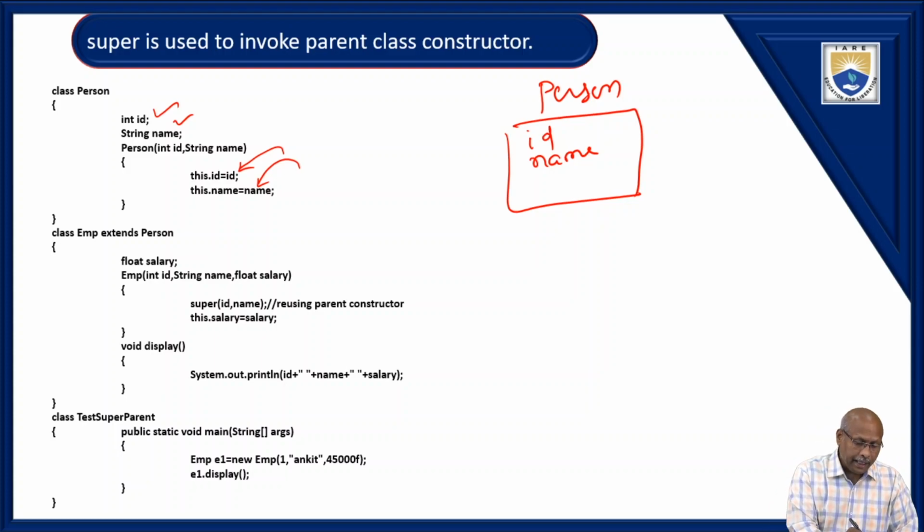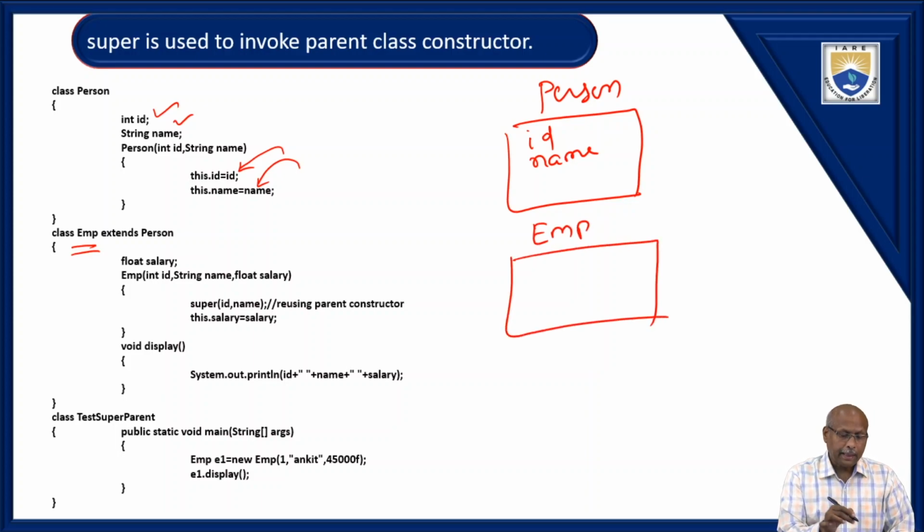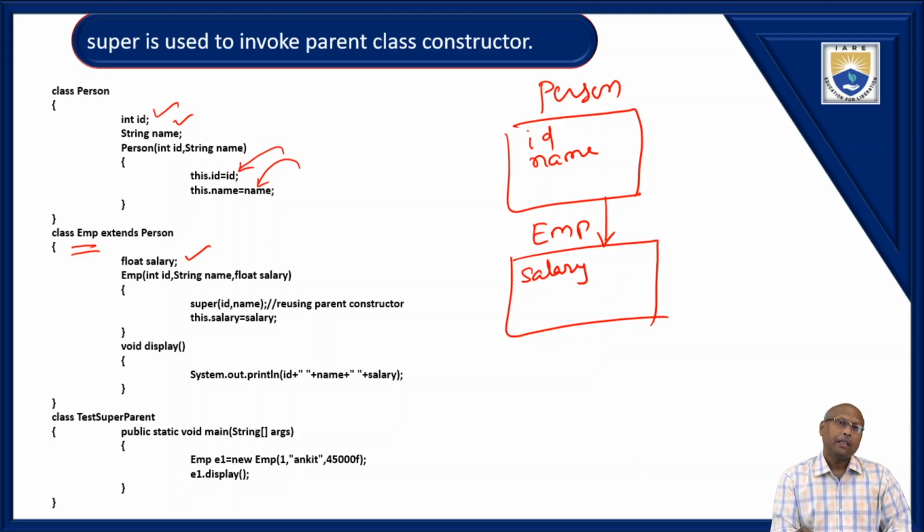Now there is a class called EMP. EMP is a class, but it extends person. That means person is the parent. Here there is one attribute called salary. In the employee class, I have specifically mentioned only salary.